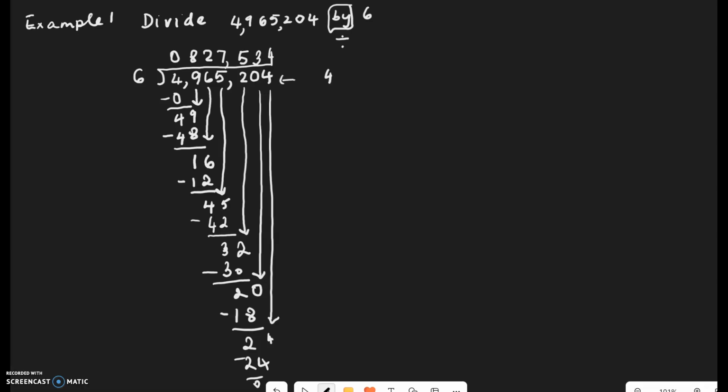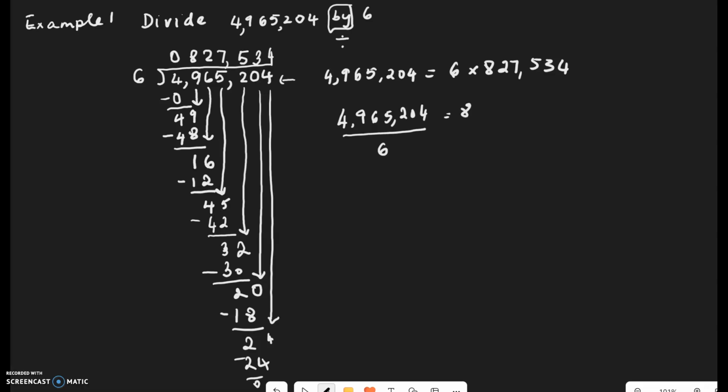So that is 4,965,204 is equal to 6 times 827,534. 4,965,204 divided by 6 is equal to 827,534.